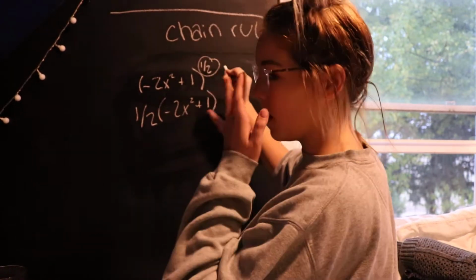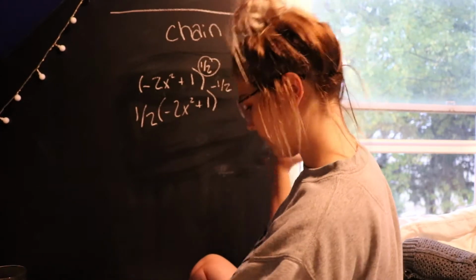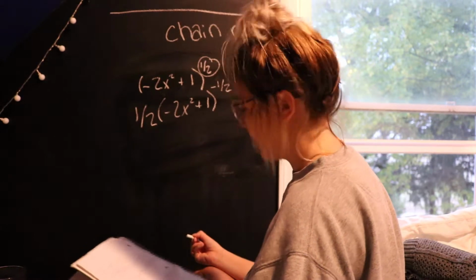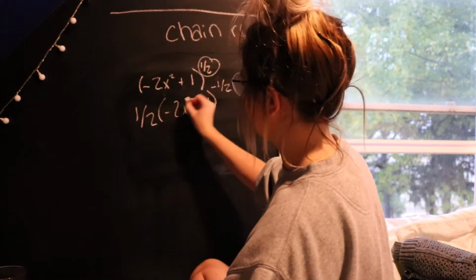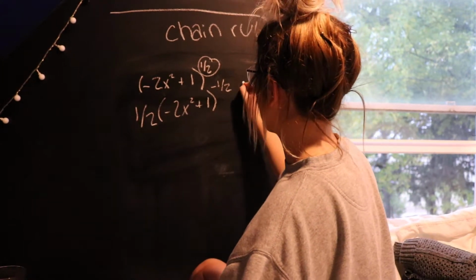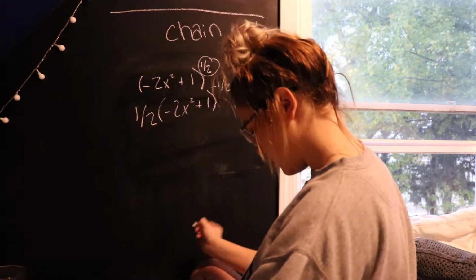And then, of course, whenever you find derivatives here, you have to subtract 1, so it would then become negative 1/2. And then we find the derivative of the inside, so 2 times negative 2 would be 4, and then that 2 goes away, so times negative 4x.